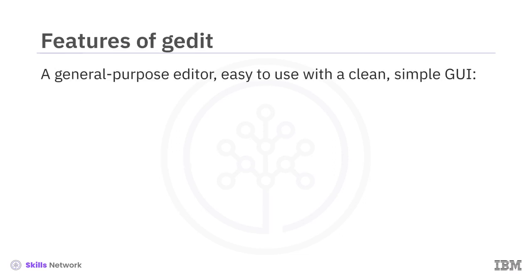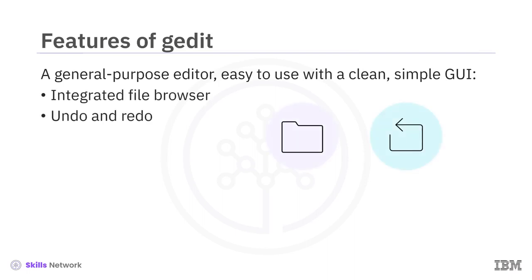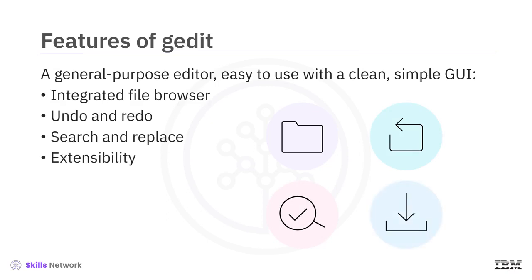gedit is a popular modern text editor that comes pre-installed on most Linux distros. It's designed as a general-purpose text editor, and in keeping with the philosophy of the GNOME project, it emphasizes simplicity and ease of use with a clean and simple GUI. gedit provides many features to enhance your text editing experience, including an integrated file browser, undo and redo functionality, search and replace functions with support for regular expressions in the search string, and extensibility using plugins from the gedit plugins package.